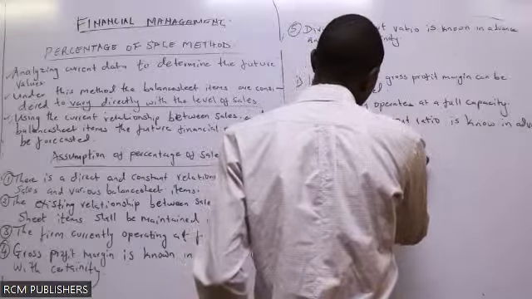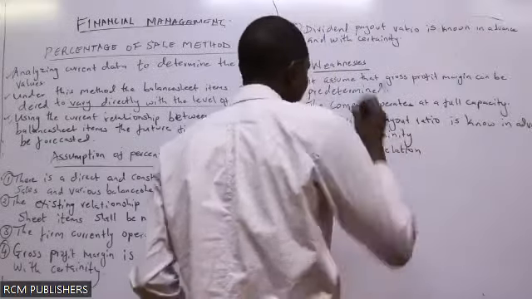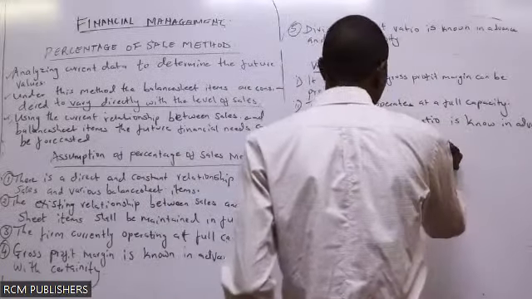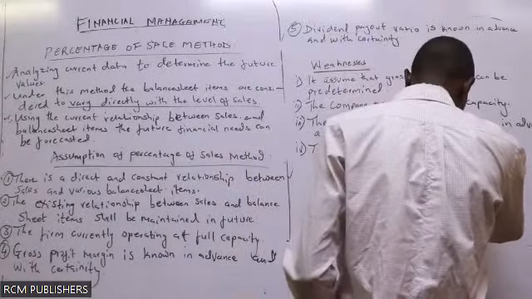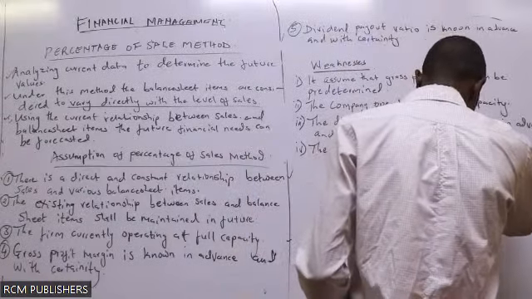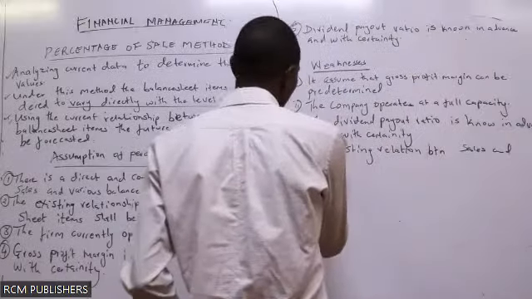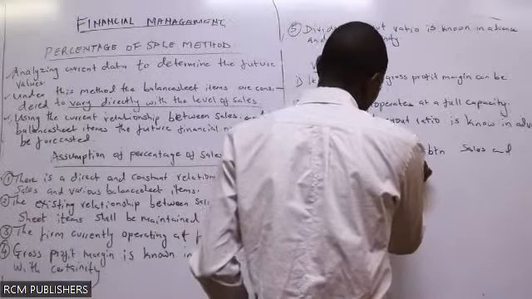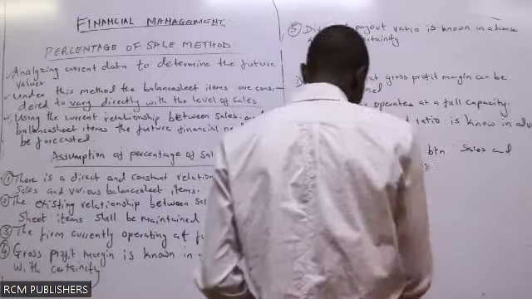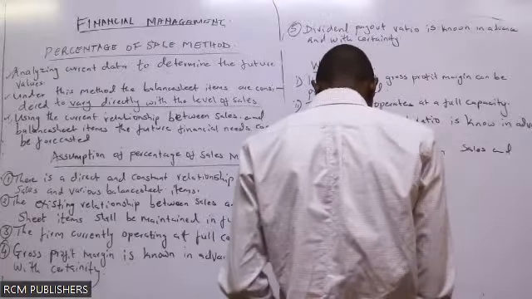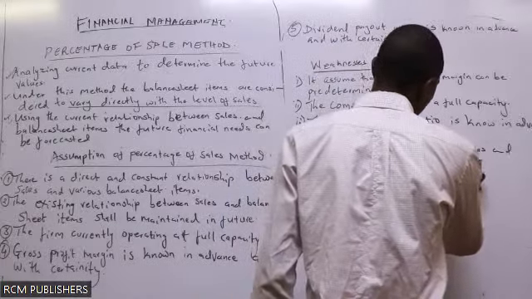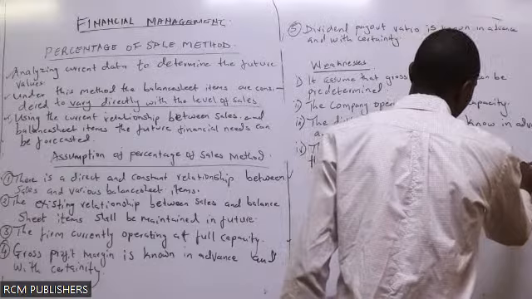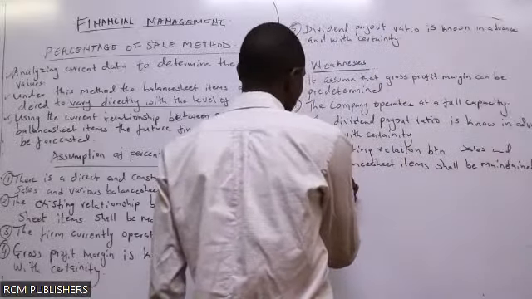Sasa hizi points mzishike during the weekend, so that when we shall be tackling the question, inakuwa rahisi. The existing relationship between sales and the balance sheet items shall be maintained in future.